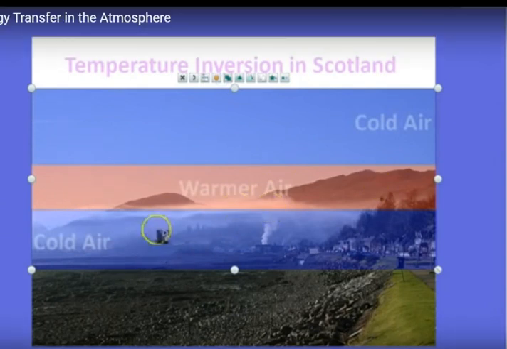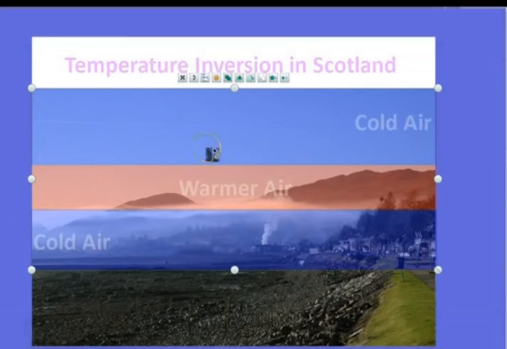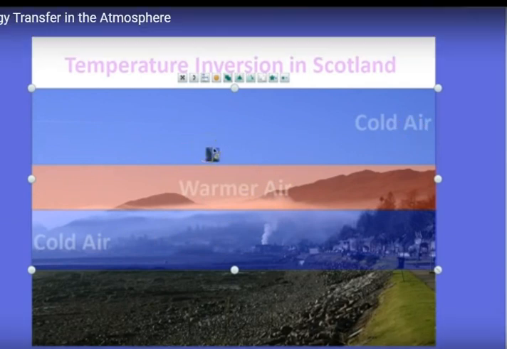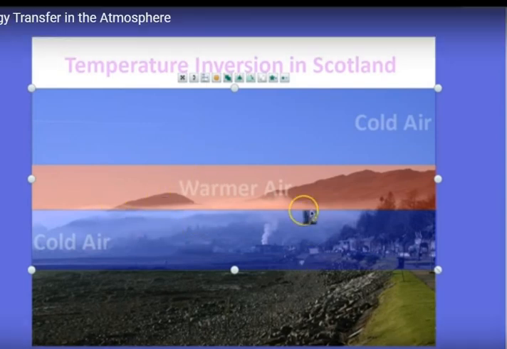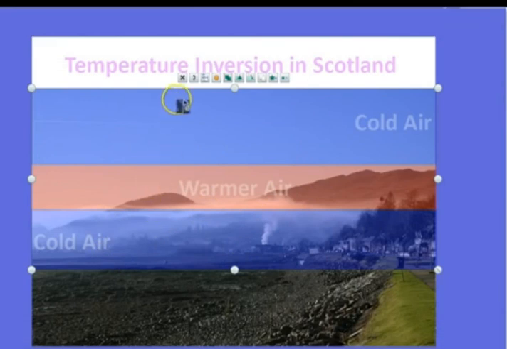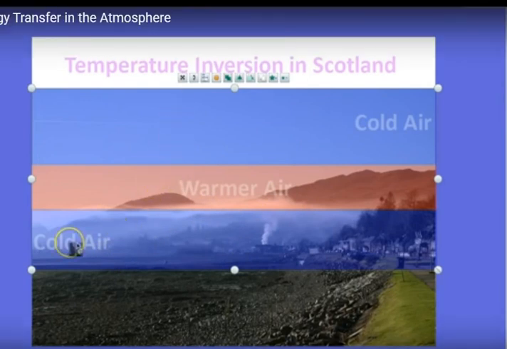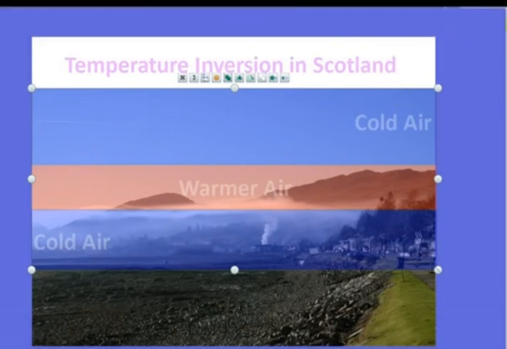So the cold air can warm, but because it's not as warm as this, it gets bounced back down, so that's why it stays cool. Of course, above this warmer air is the colder air of the standard troposphere, where it gets cooler on the way up. So as a result, the cold air can't escape from that.